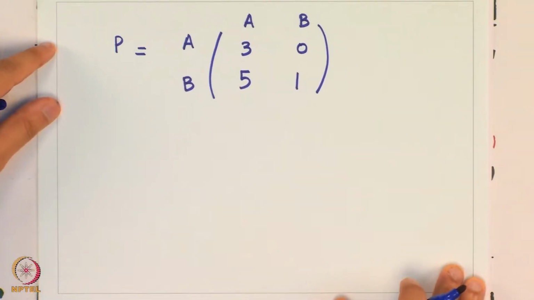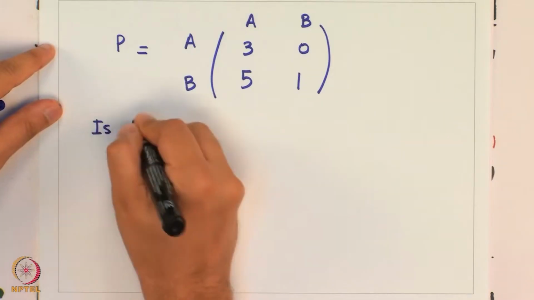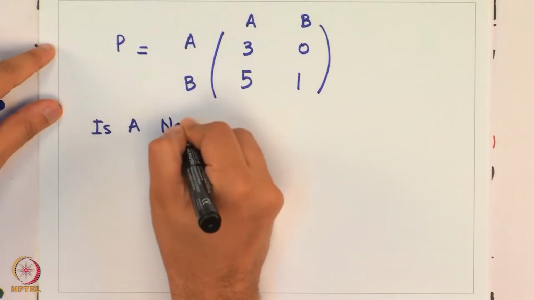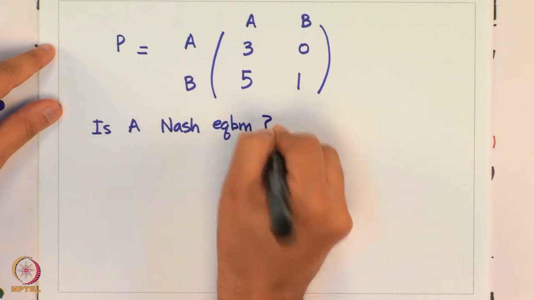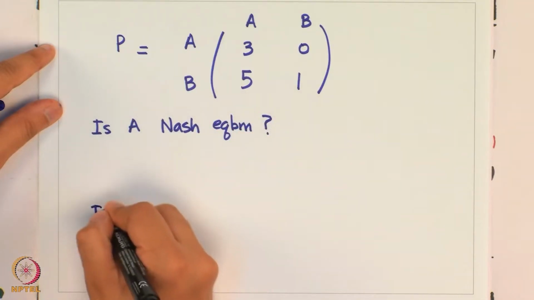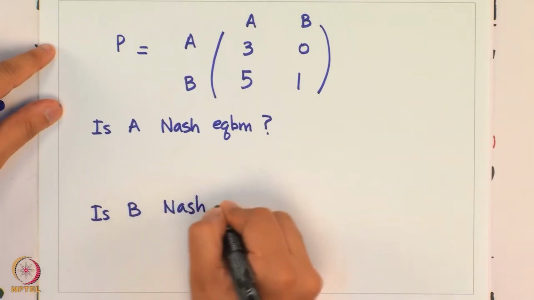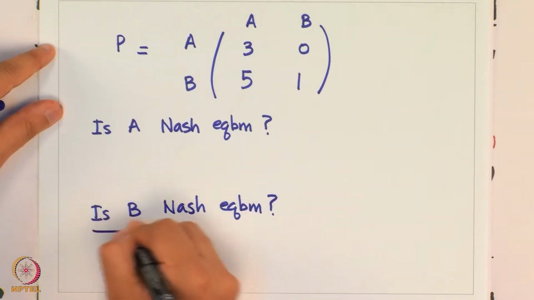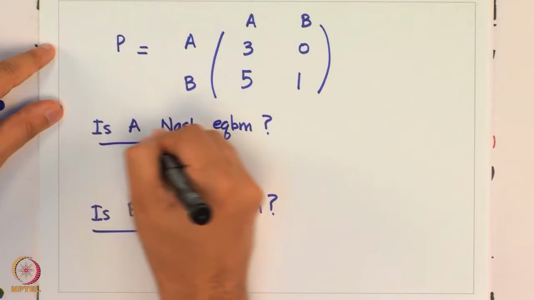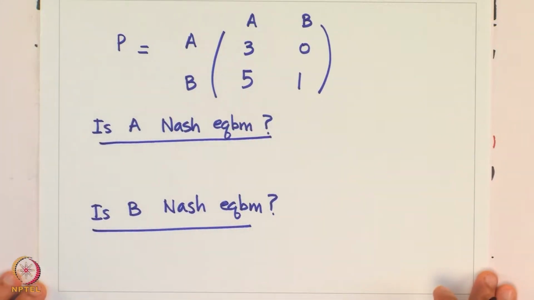Now, what we want to comment on is whether A is a Nash equilibrium, and the other question is whether B is a Nash equilibrium. Okay. So, you should pause the video for 30 seconds or so and think about these two questions according to the definition that we have just laid out, and try to answer these yourselves.